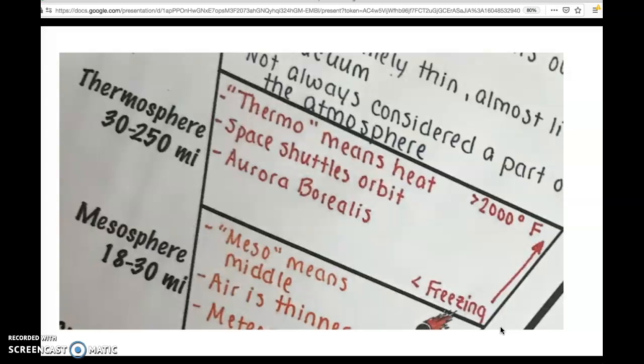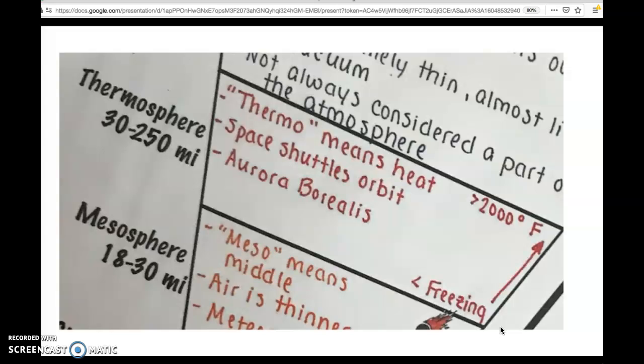This is where our aurora borealis happens, the northern lights, those green lights you might see if you go up north to visit. Very, very pretty. It's more like outer space here than it is down in the troposphere. The further up we get away from the Earth, the thinner our molecules become. There are just not that many oxygen and nitrogen molecules up there.